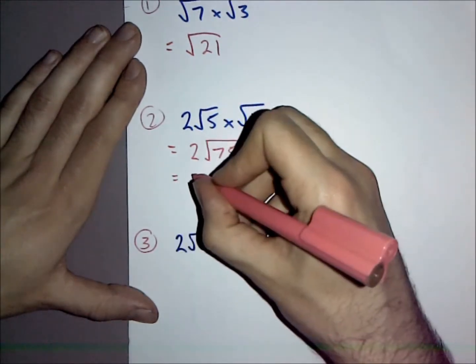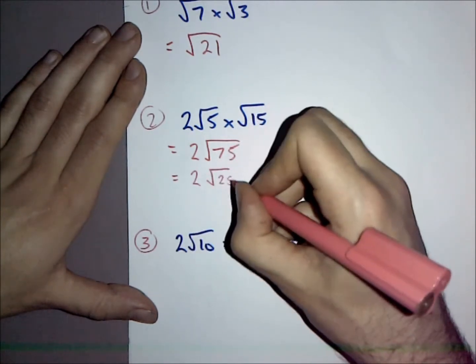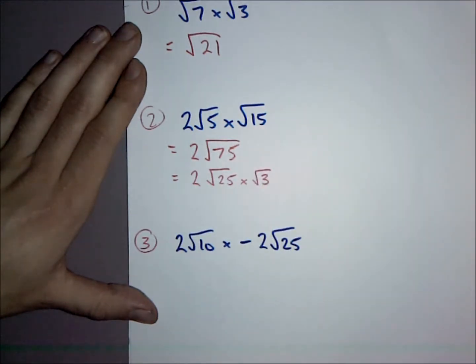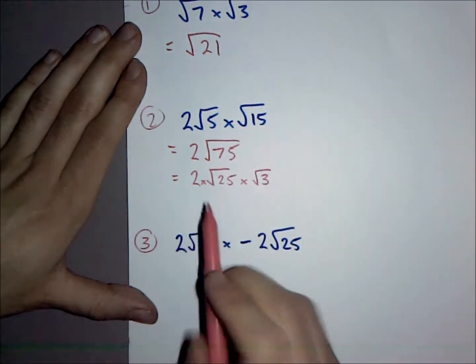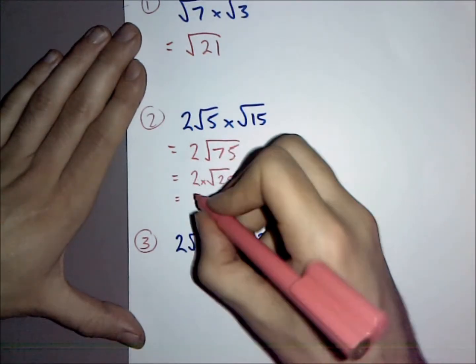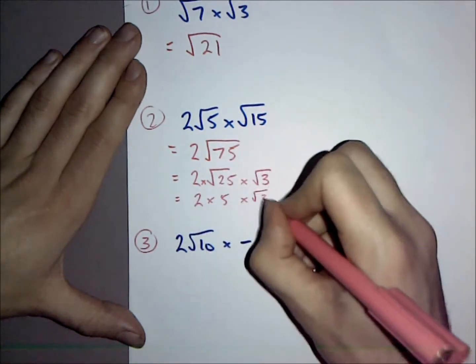So it's going to be 2 multiplied by the square root of 25 times the square root of 3. I'll put a little times here as well. Now we can break down that square root of 25 into 5. So it's going to be 2 times 5 times square root of 3.